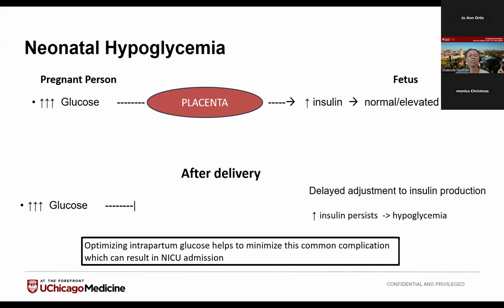We won't go too much into that today, but when counseling patients, we do let them know the importance of optimizing not just in the moment of delivery, but the days leading up can also be beneficial, because our bodies don't flip a switch in a matter of moments. We get to a steady state over time. So it's best if the patient's glucose is fairly normalized even in those days leading up, and not solely relying on managing intrapartum with insulin.